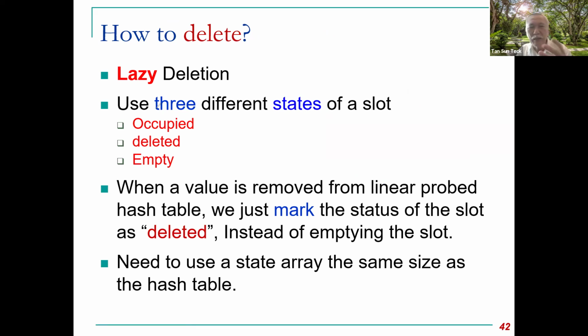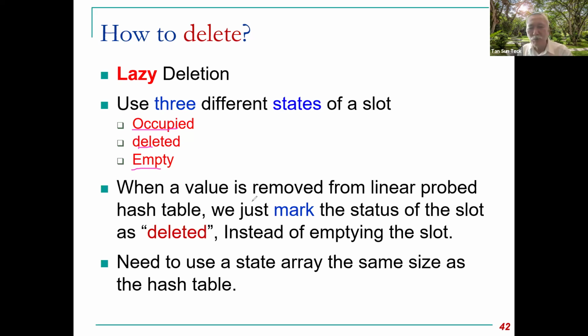Or you can use the same table, but add one more indicator to say that this slot is either occupied, or it was occupied and then deleted, or it is an empty slot, meaning that nobody used it before. So you have to add one more status inside your table.